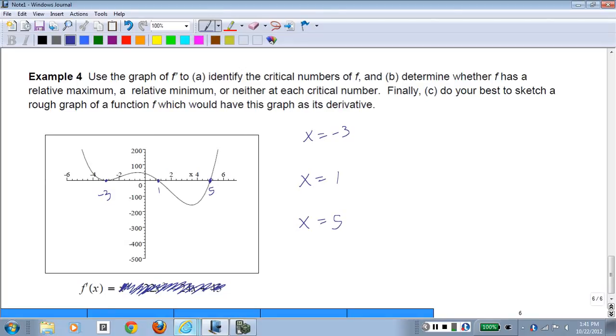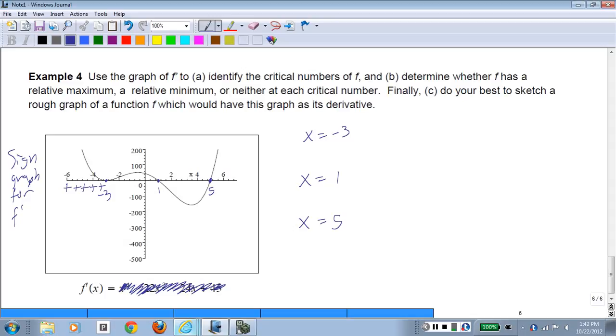Let's see why. If it's a sign graph for f prime, I want to write pluses where the graph is above the x-axis, because this is f prime.